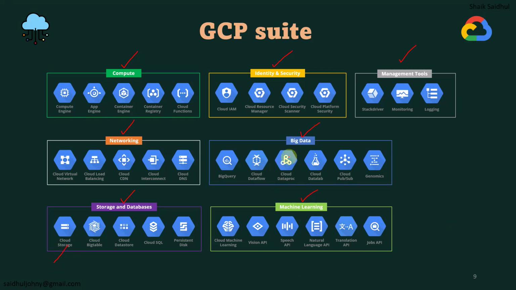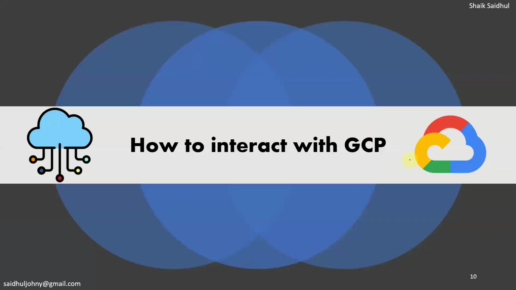If one wants to process data, they can process it. If one wants to build an application, they can do that. If one wants to do logging and monitoring, they can do that. And manage IAM access management, networking components, machine learning models. So everything is here. That's what GCP is offering, this whole GCP suite, guys.